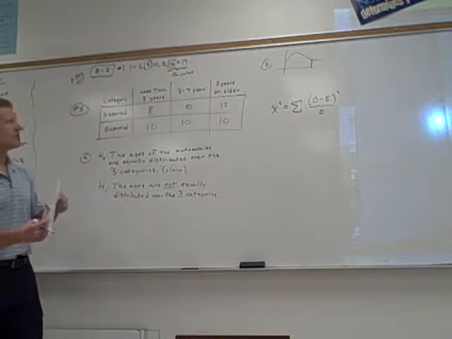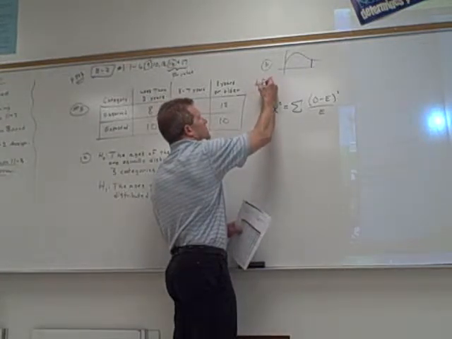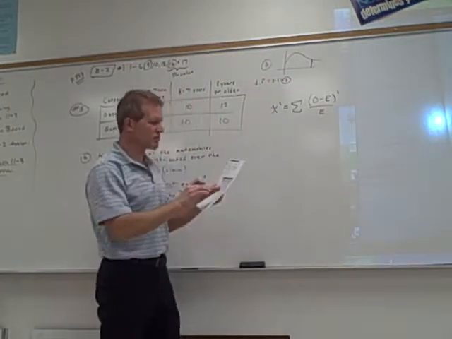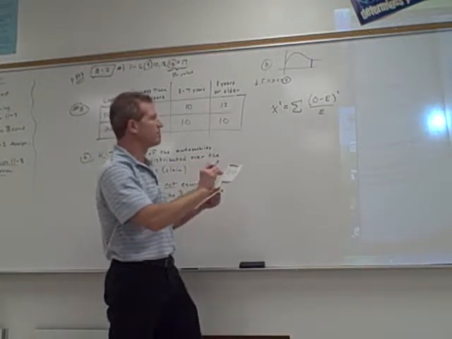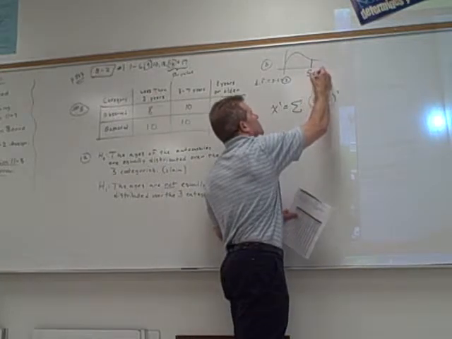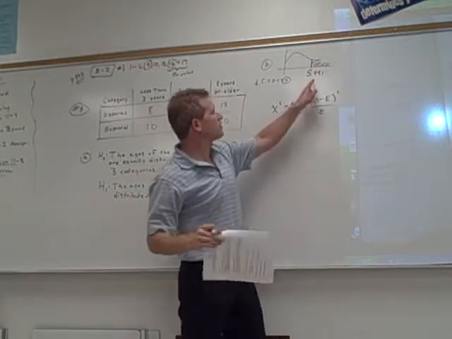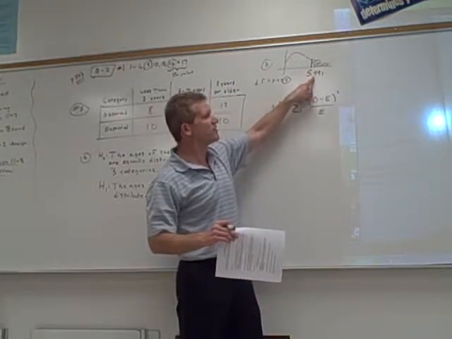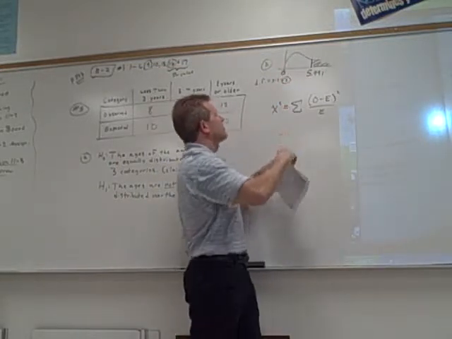In this case, there are 3 categories, so degrees of freedom would be 3 minus 1. So if you look up your critical value under alpha equal 0.05 on your chi-squared chart, you get 5.991. If our test value ends up larger than that, then we'll reject the null. If it ends up smaller than 5.991, we won't reject the null. Remember, the chi-squared values start at 0 and they're positive.